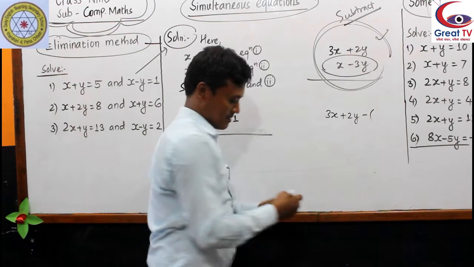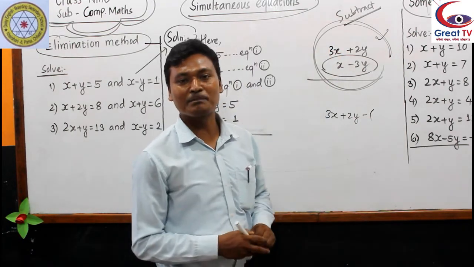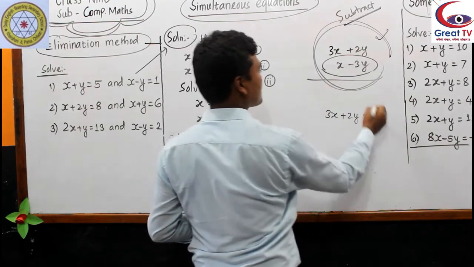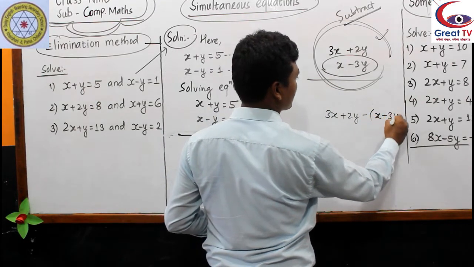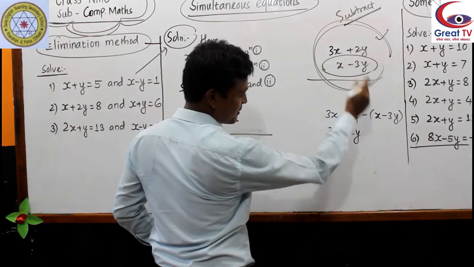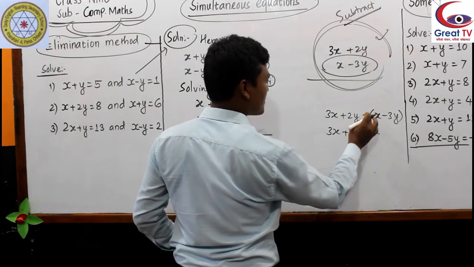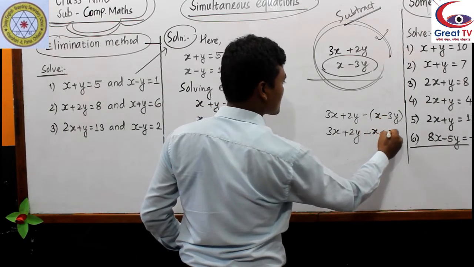If we subtract it by writing the expression in horizontal form, minus x minus 3y, then 3x plus 2y, then minus into plus, minus x, minus into minus, plus 3y.